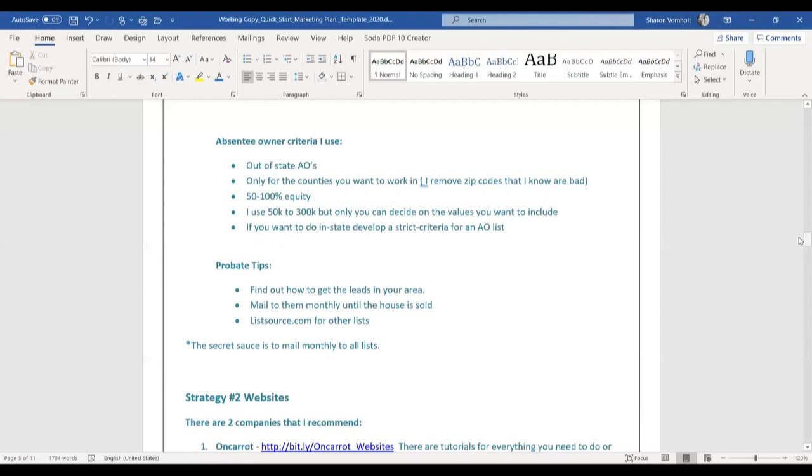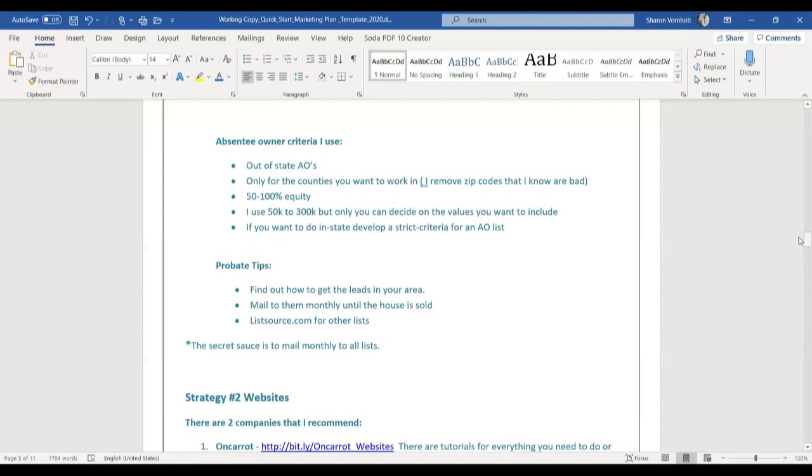So if you're in Northern California and you're looking for property in Southern California, that would certainly be more than 3 hours. If you are in Kentucky or Tennessee or Delaware or places that are small, then you're going to want to get a list of out-of-state absentee owners.